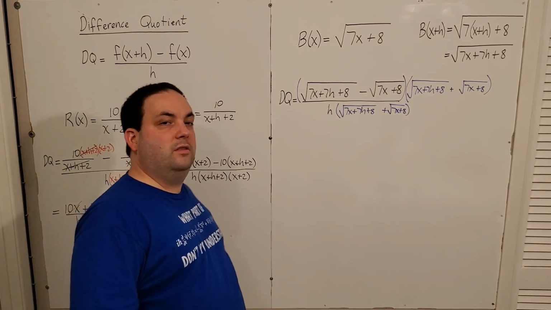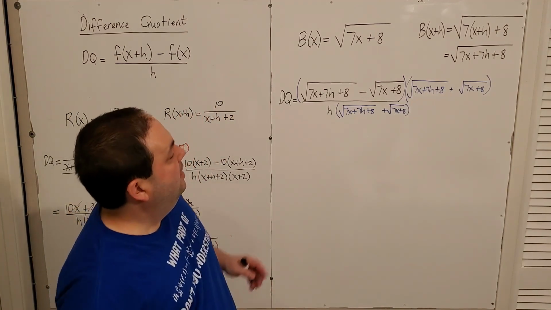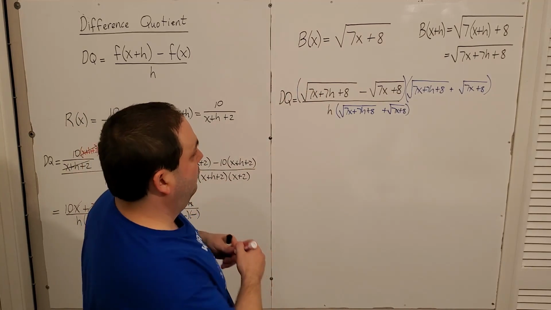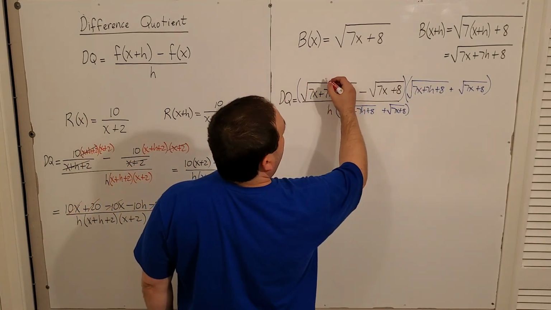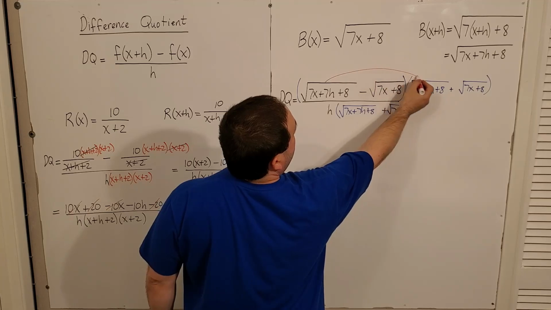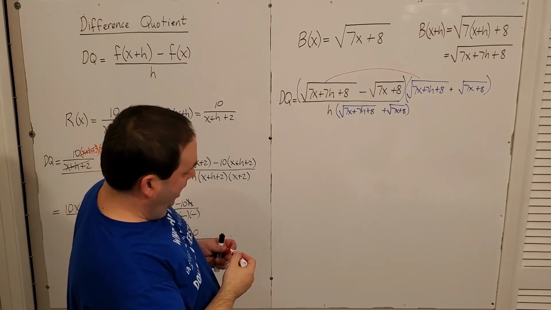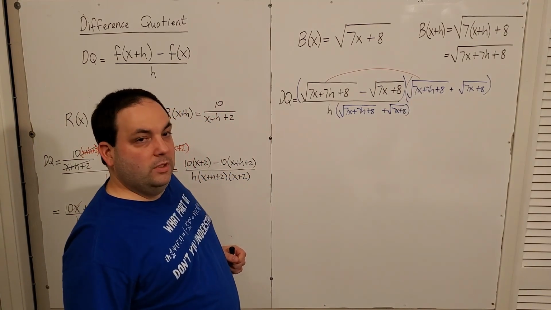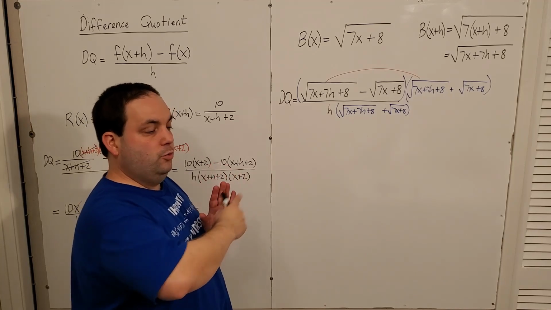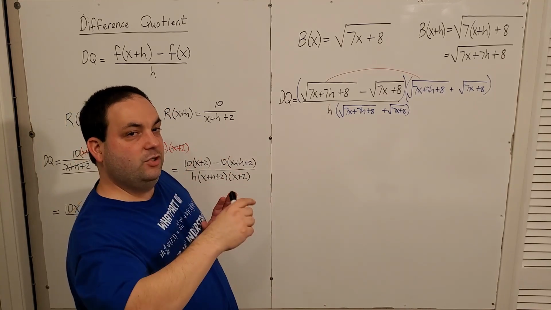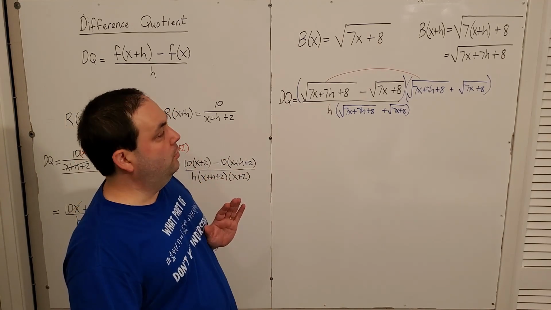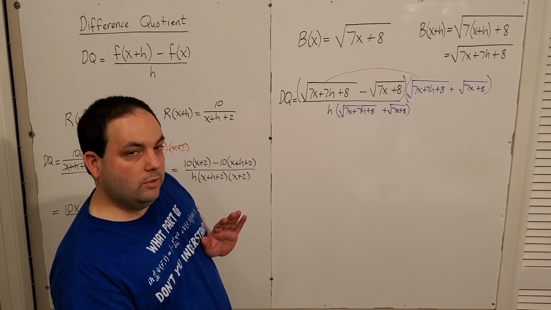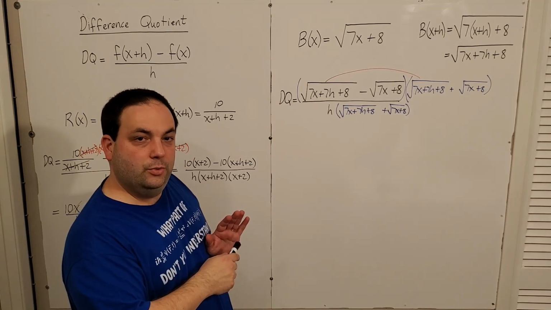Now here's where the fun part comes in. If I FOIL out this numerator, I have to multiply a square root times itself. Don't forget, when you're dealing with nothing but positives, a square root times itself just gives you what's inside. For example, square root of 2 times square root of 2 is just 2.